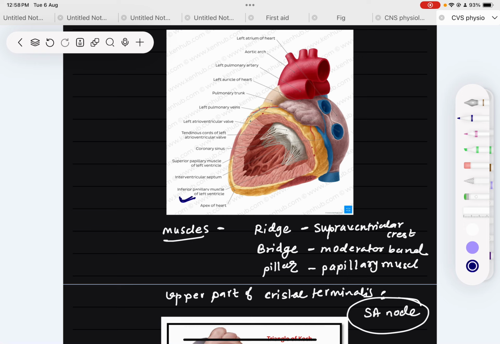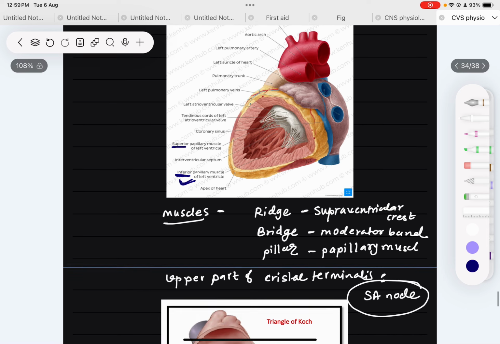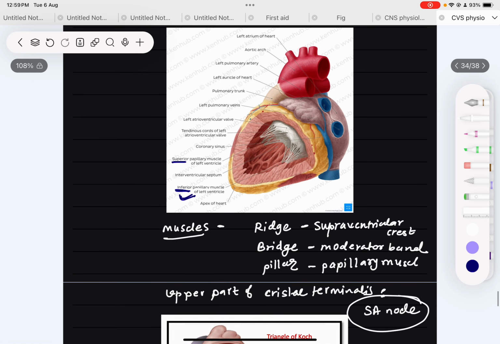Papillary muscles are three in the right ventricle, and the location is superior, inferior and the septal one. And these are all chordae tendineae, so tendinous cords.